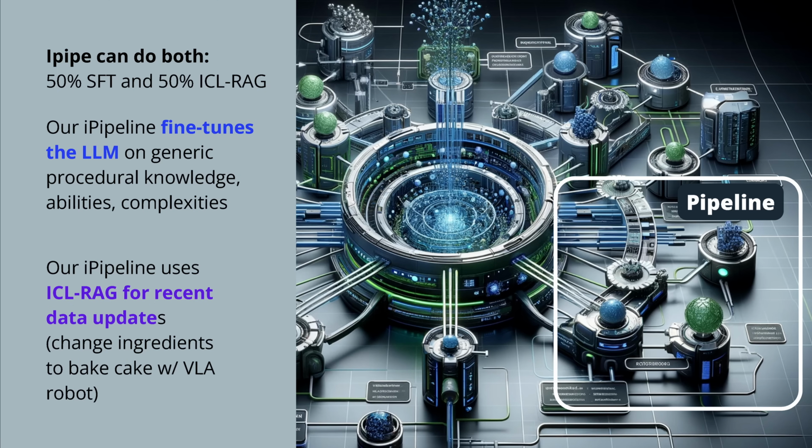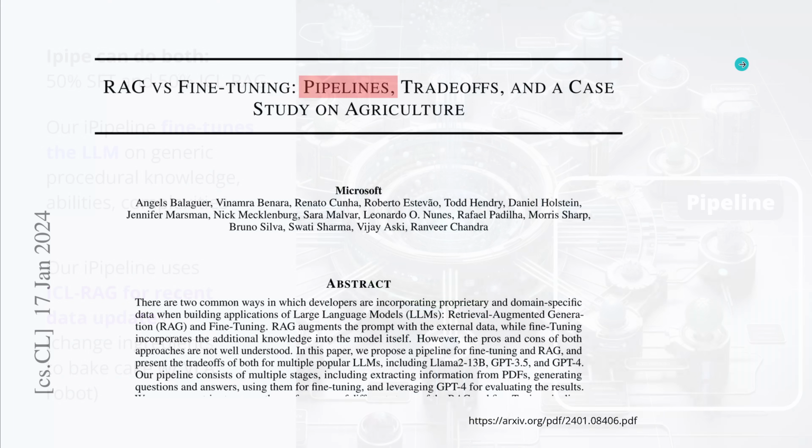So we have an inherent weight representation of this new knowledge, ability, complexity. Or it might decide that for ICL RAG, just for some recent data updates, it will not bring new updated data sets in because those data are familiar structure. It will just say, hey, via ICL RAG, here's the latest update on this and this parameter. So this is a kind of intelligence I'm looking forward to.